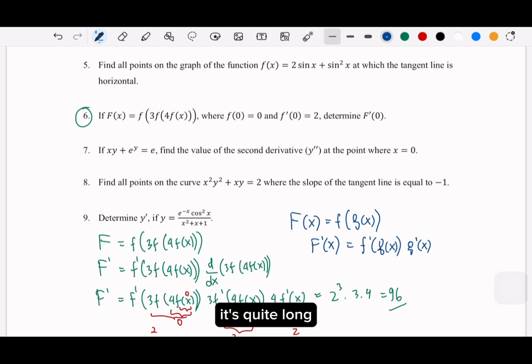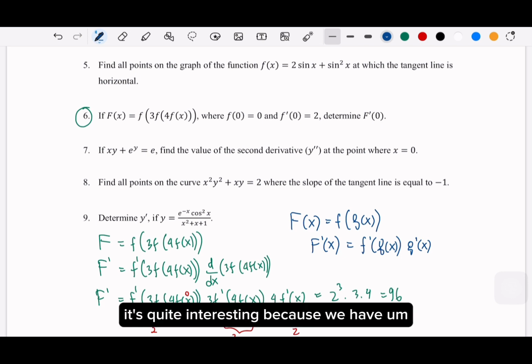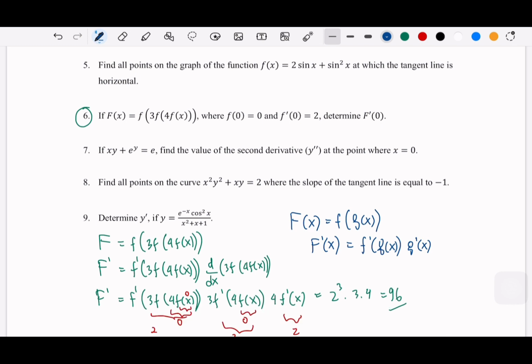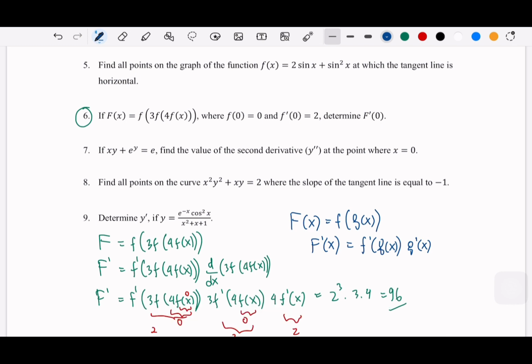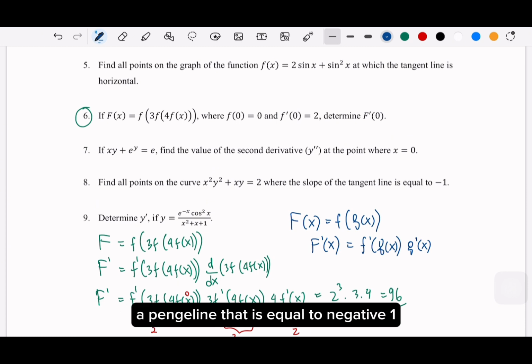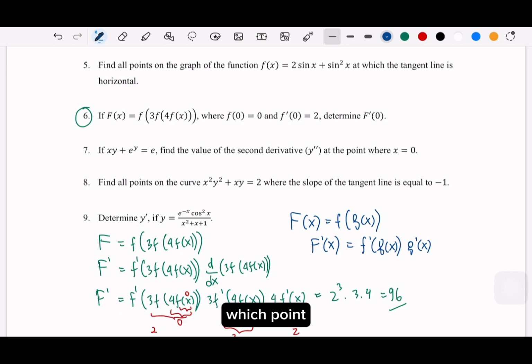It's quite long. Number 8 is quite interesting because we have x and y within the equation, and we are going to have a tangent line with slope equal to -1. Then we need to find which points.